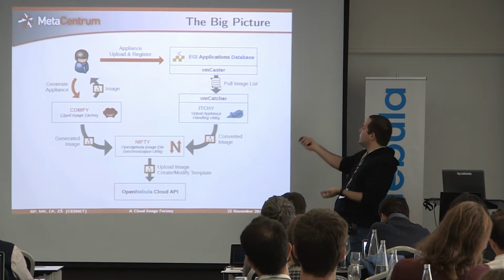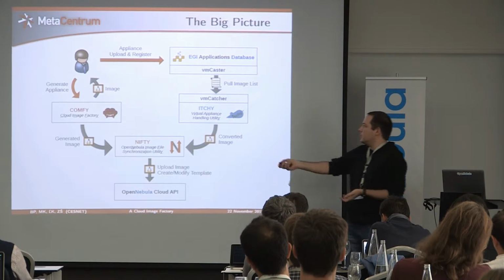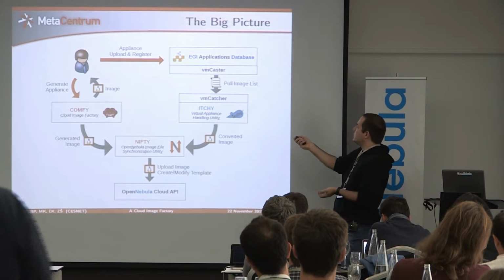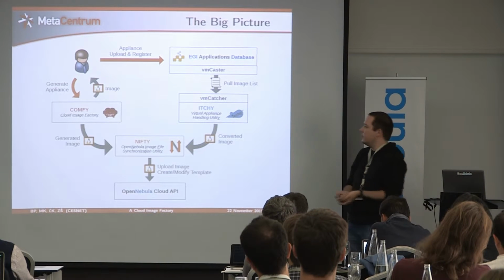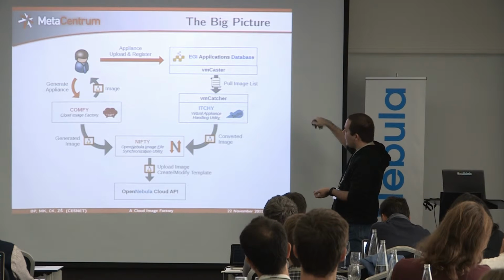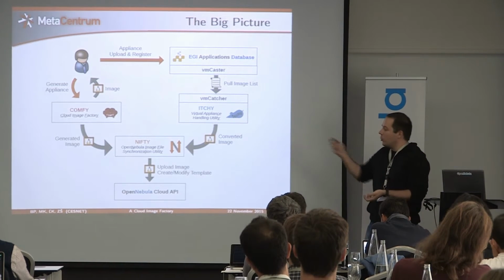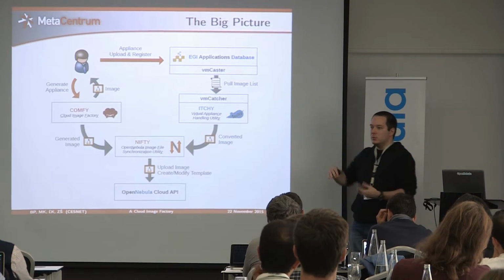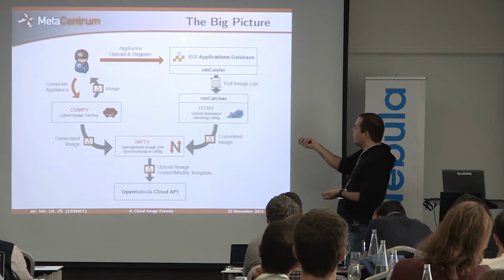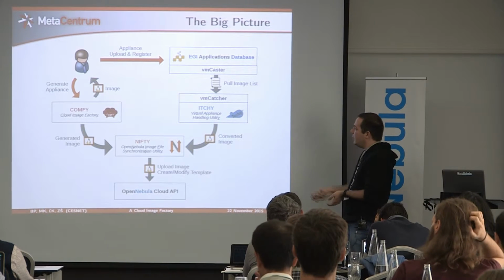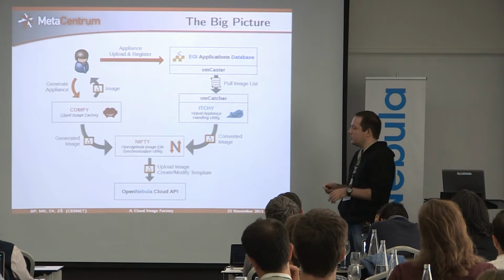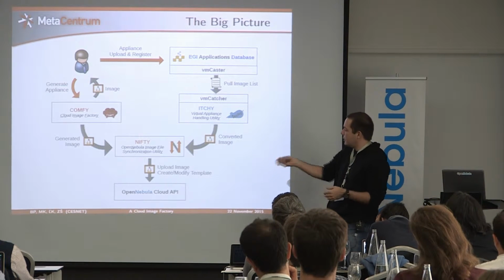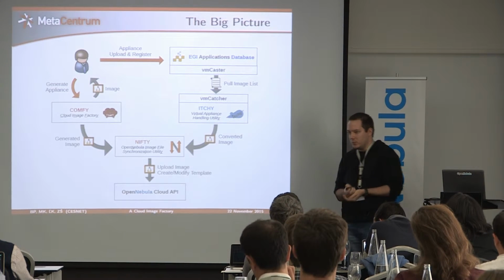Or you can go through the EGI process, where you can generate the image, register it in the applications database. It will be then synchronized to another part of the tool, which handles newly arrived images from VMcaster VMcatcher, and it will convert the image to the appropriate format, and then again trigger uploads into OpenNebula.